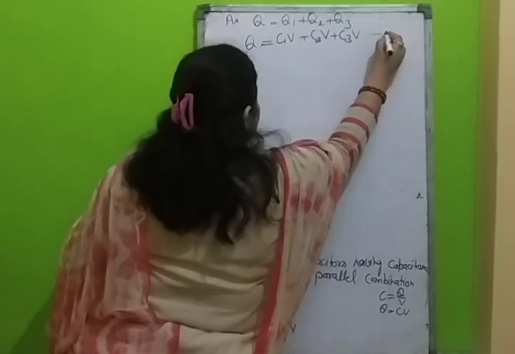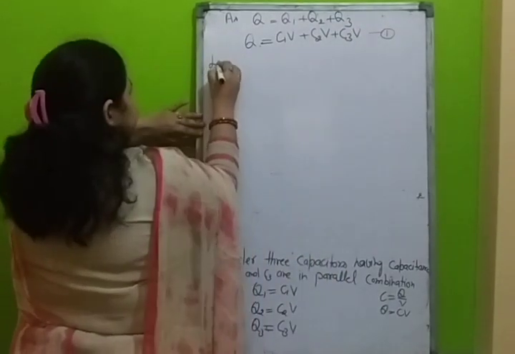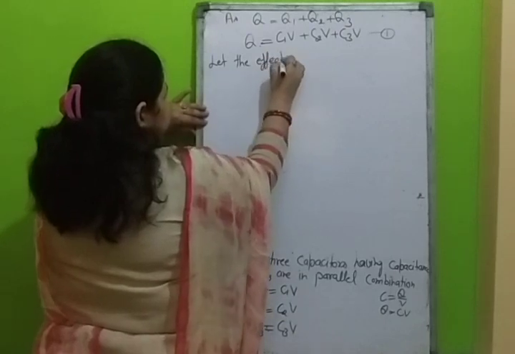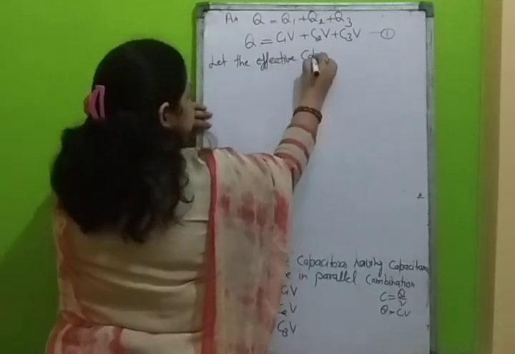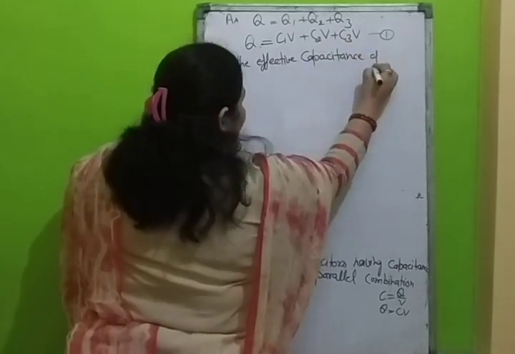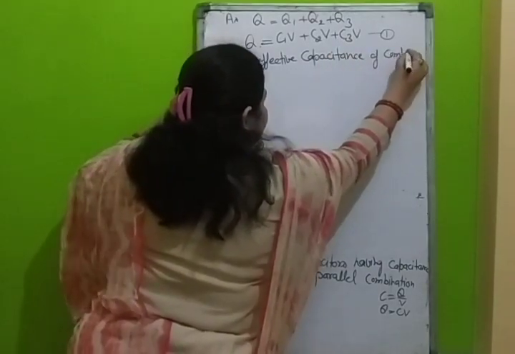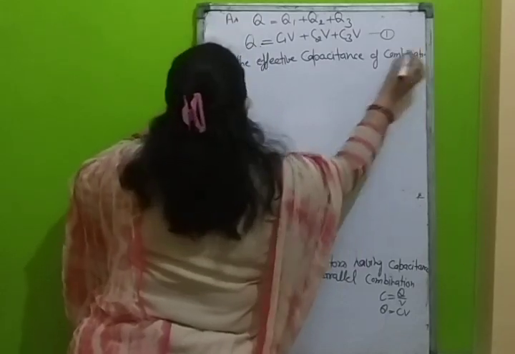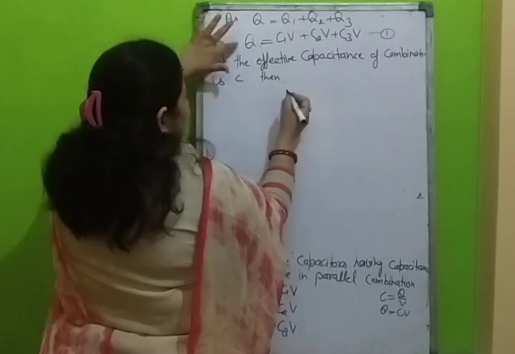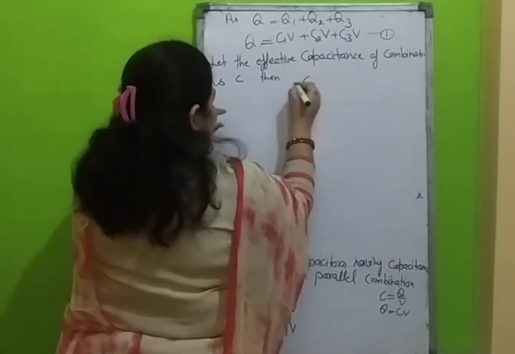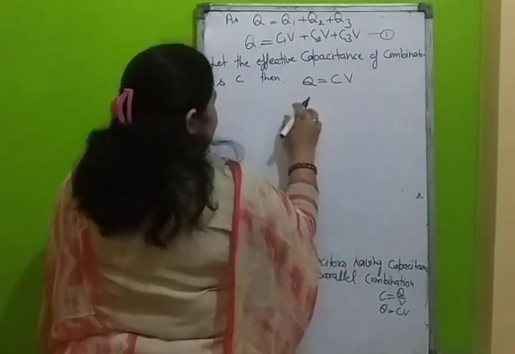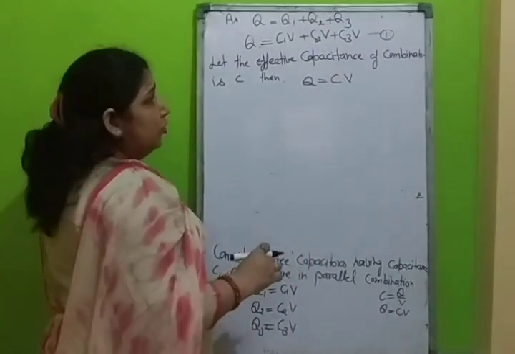Let us assume the effective capacitance of the combination is C. Then total charge Q, total potential V, and total capacitance C give the relation Q is equal to CV.